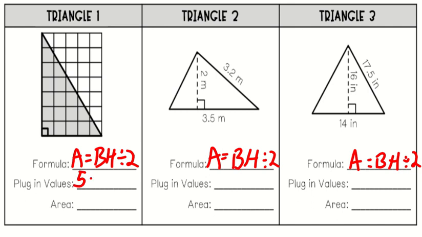What's my height? 7. And we're going to divide by 2. Now this is one where you don't have even numbers, okay? To me, it's easier to save the division for the end if they're both odd numbers, okay? Because you're going to get a decimal otherwise. So 5 times 7 is 35. 35 divided by 2 is going to give me 17.5.